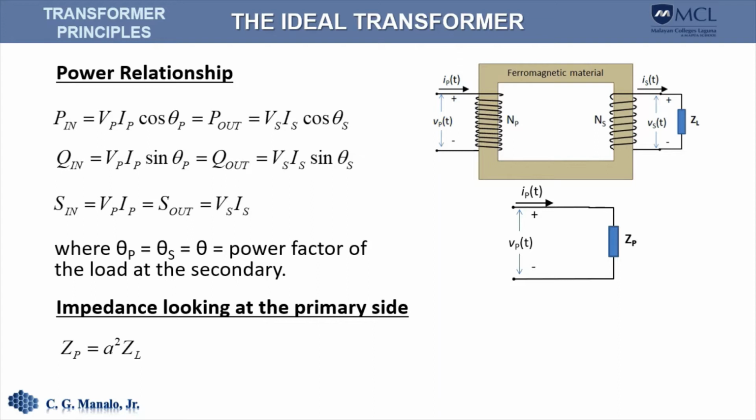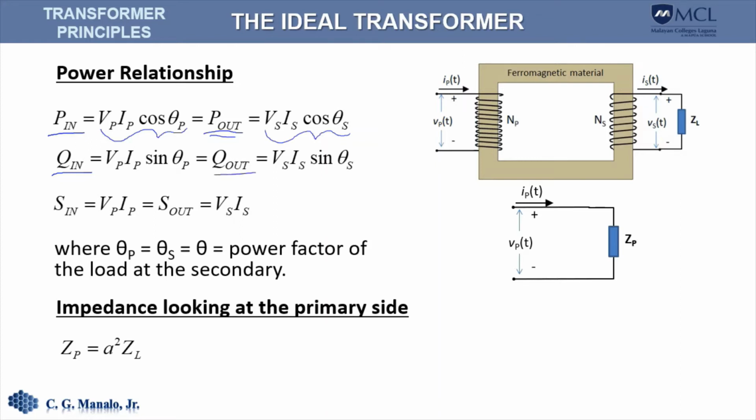In an ideal transformer, whatever power comes into the transformer must come out of the transformer. So the power going into the transformer must also be equal to the power at the secondary side. Similarly, for reactive power, whatever reactive power goes into the transformer must come out of the transformer.